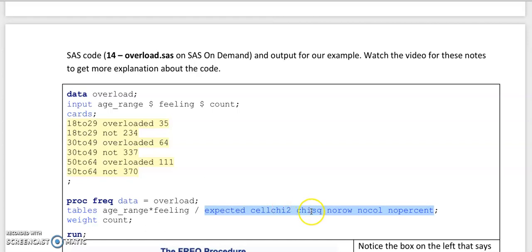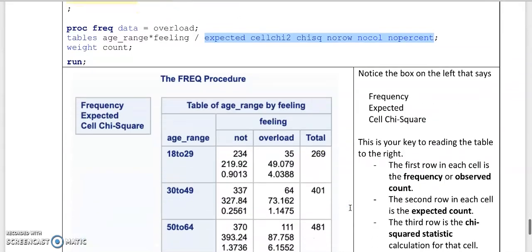When I write chi-sq, it'll actually do a chi-squared test and give me a test statistic and a p-value and things like that. And then these last three are because if you don't include them, you'll get so many numbers in each cell that it's hard to keep track of. So I'm basically just telling SAS, don't include those things, just give me the other things I'm asking for. And you can see below what that looks like.